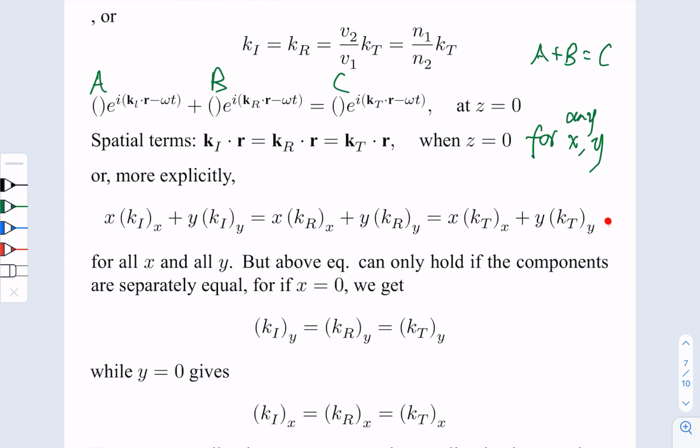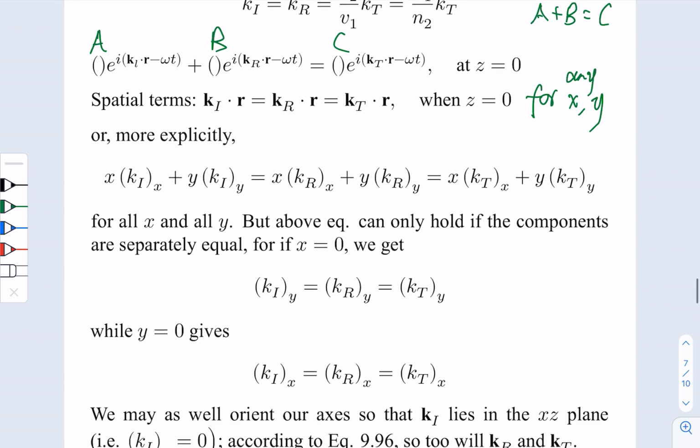Now for this expression to hold, all the components also need to hold, because this expression must again be satisfied for all the x's and all the y's, because here x and y can vary. So you have to equate kix to krx and kiy to kry, and the same is true for the transmitted light.